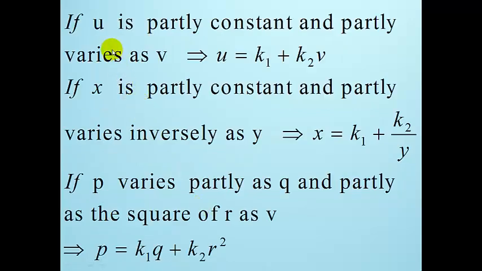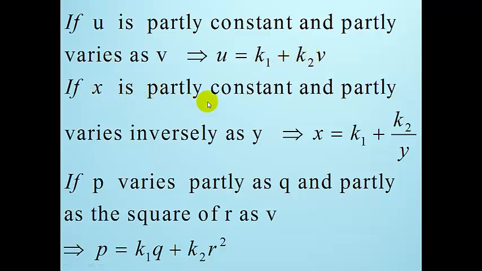Now, if U is partly constant, it means that U is equal to K1, that's the first constant of proportionality, and at the same time, partly varies as V. That will be the sum of the second variation, that is plus K2V, where K2 is also a constant of variation. So U is equal to K1 plus K2V.